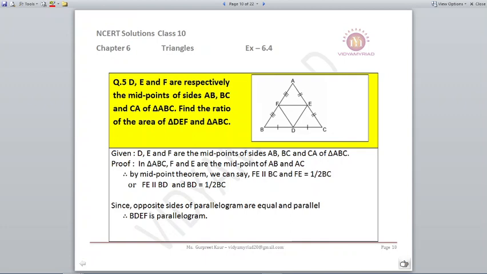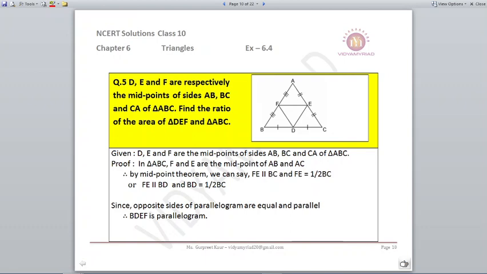Now if you look at the triangle ABC, E and F are the midpoints of the sides, which means according to the midpoint theorem which you have done in class 9, you can recall, that EF will be parallel to BC and EF will be equal to half of BC. Now D is the midpoint on AB, so we can also say that FE is parallel to BD and BD is half of BC.